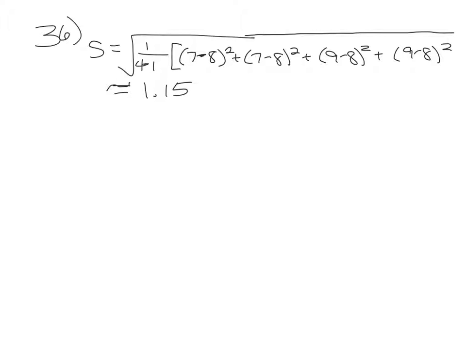And these little symbols here mean approximately. So anytime we round, we want to use these little squiggles. So approximately 1.15. And again, I'll show you how to do that in your calculator as well. All right, so let's interpret.